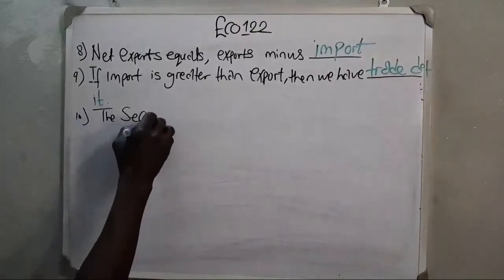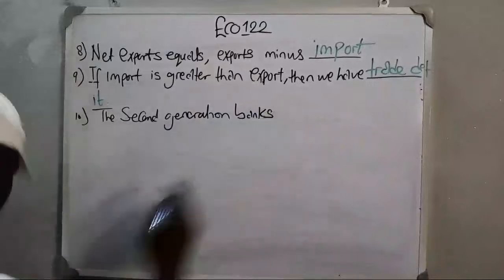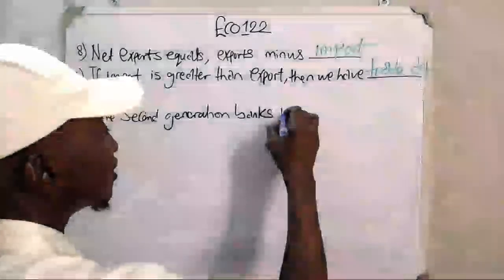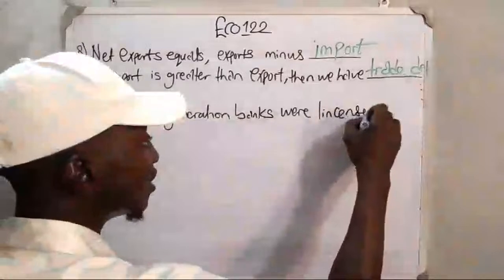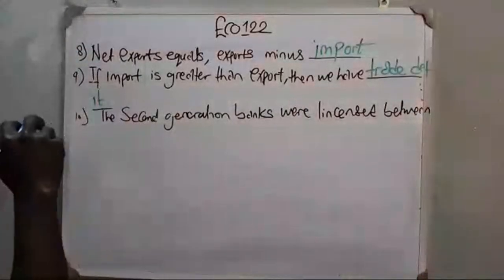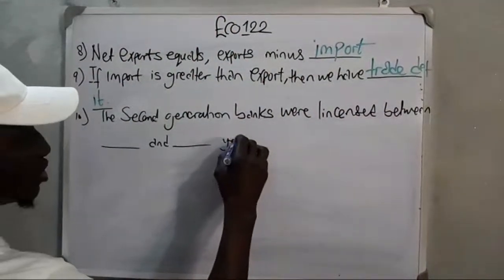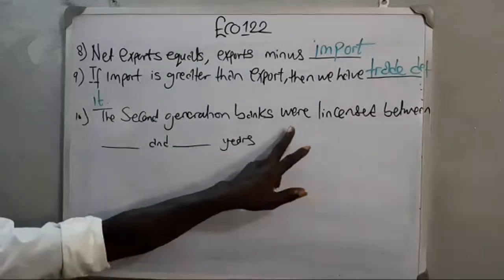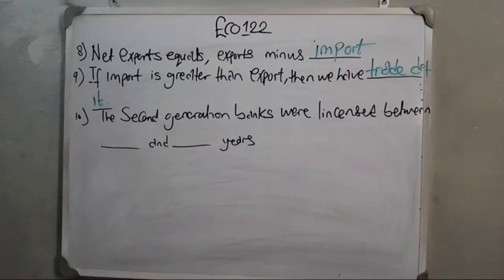The second generation banks were licensed between dash and dash years.